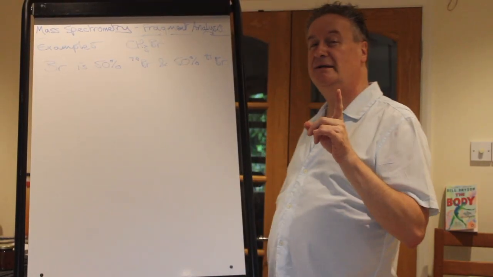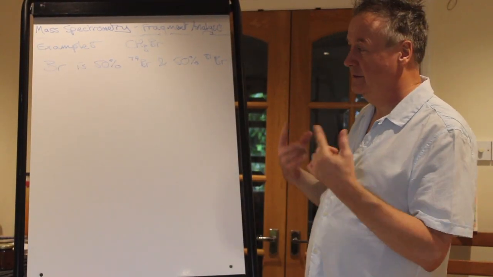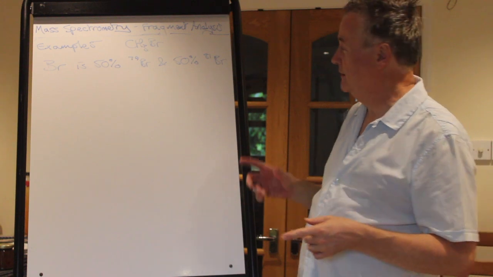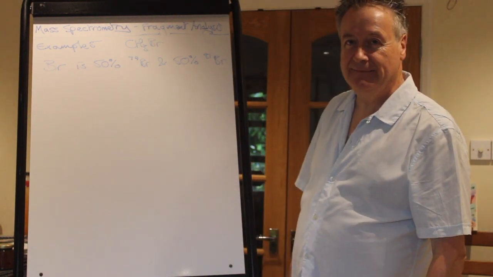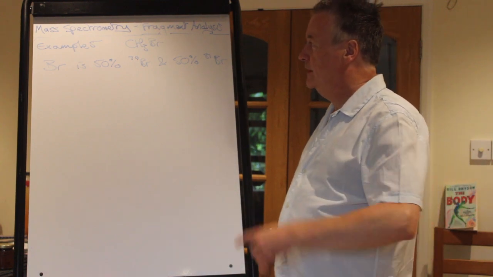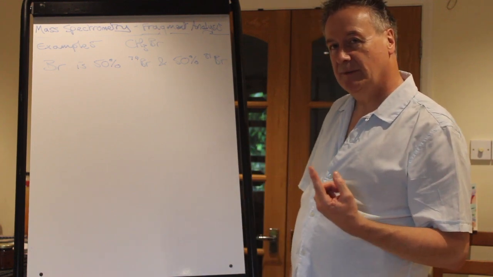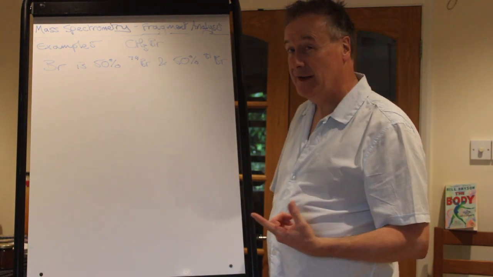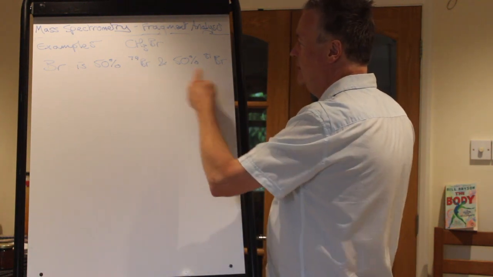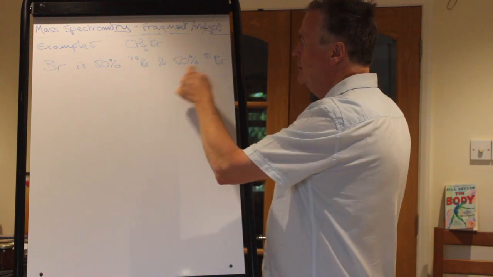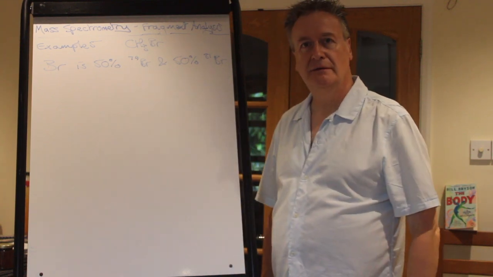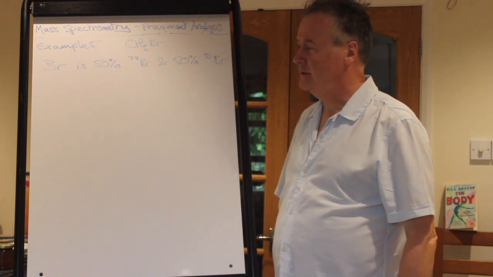So something slightly different before we go into drawing spectra and trying to work out what's going on: bromomethane, CH3Br. I want you to do a little bit of predicting, bearing in mind that bromine is pretty much a 50-50 mix of 79 and 81 in terms of isotopes.